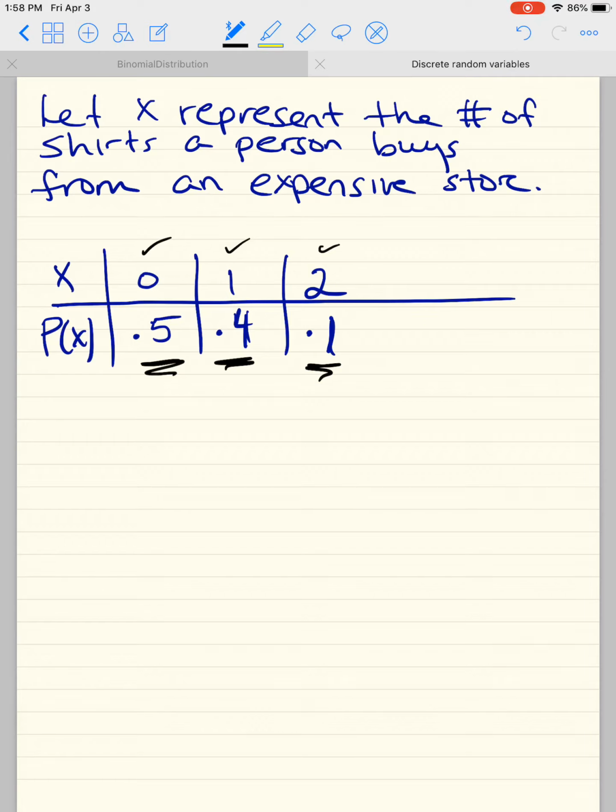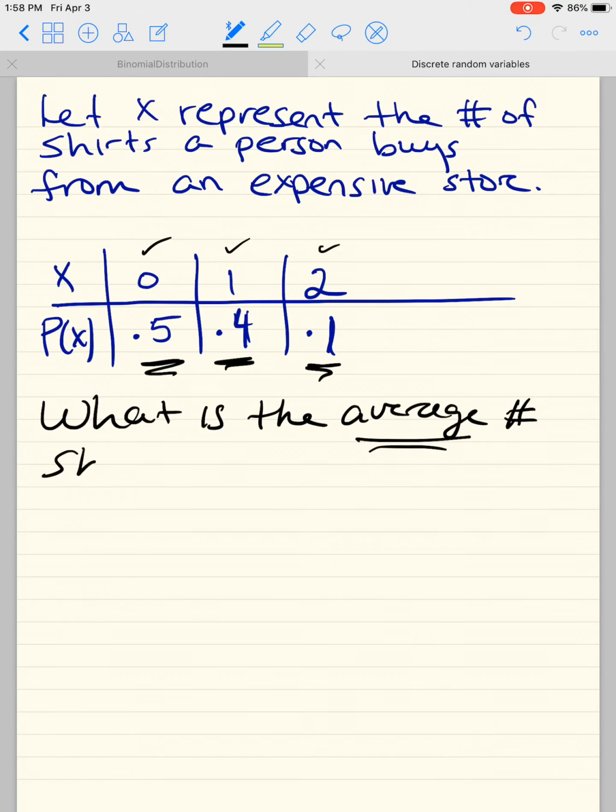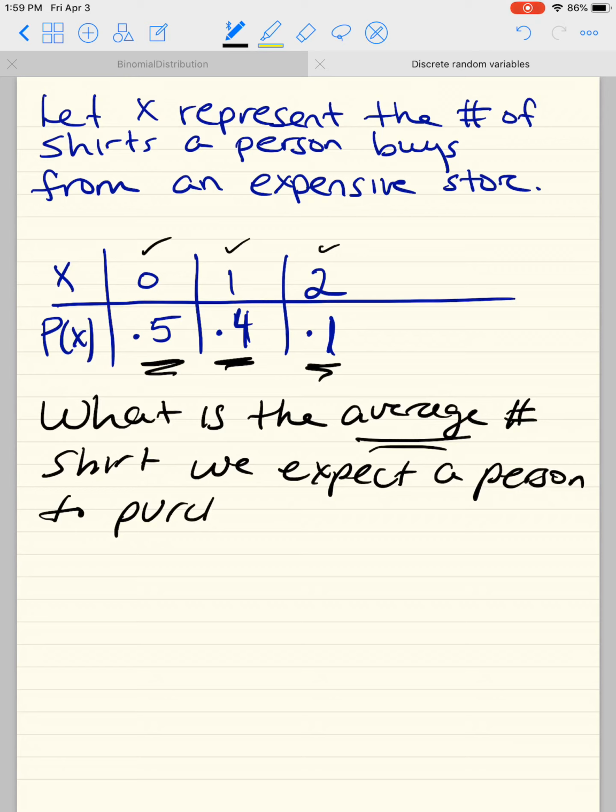Let's say that X represents the number of shirts a person buys from a really expensive store. What is the average number of shirts we expect a person to purchase? Well, we're going to follow the same rules as the previous problem.